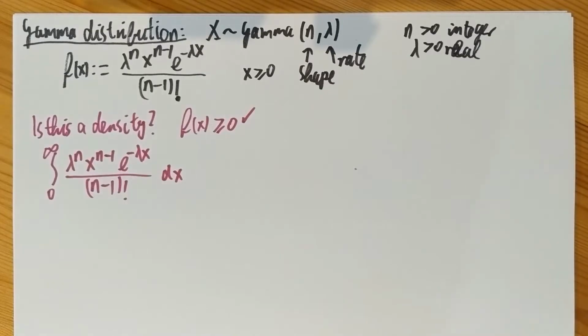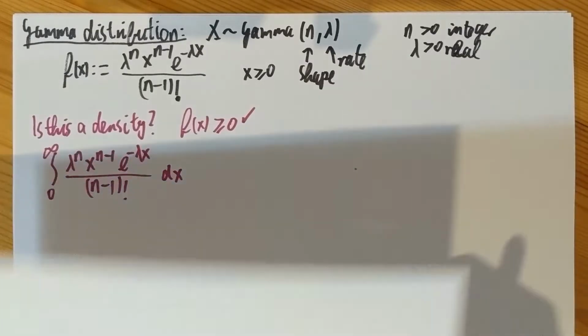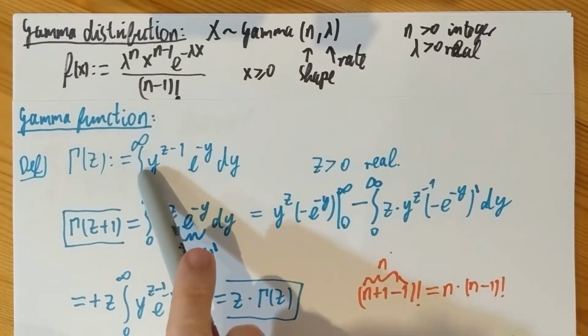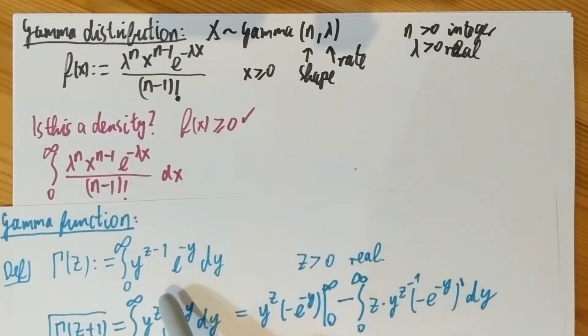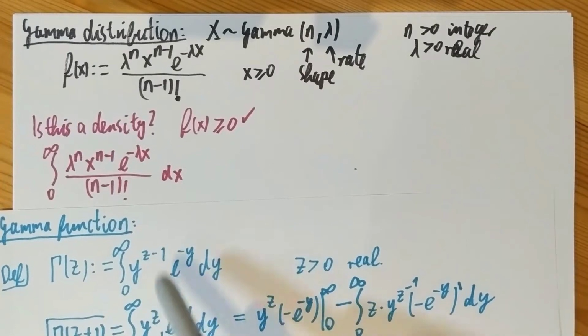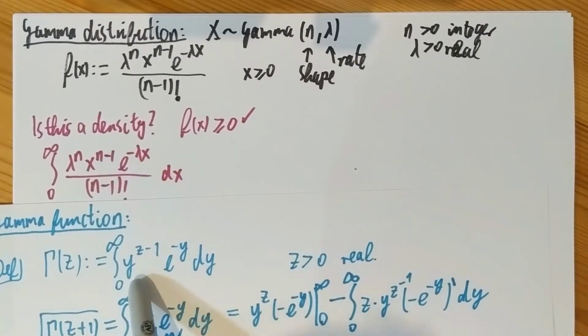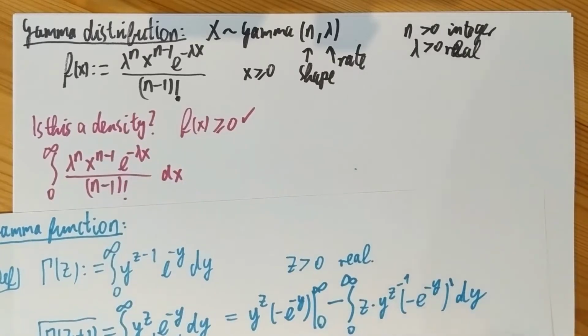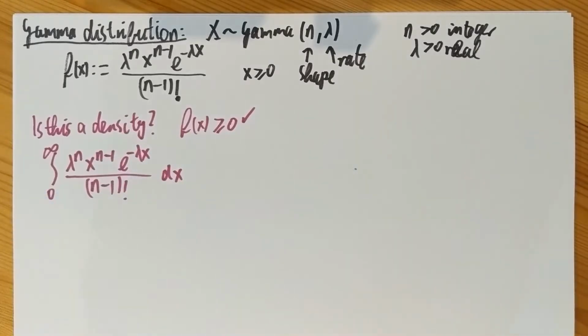Well, if you remember my previous video on the gamma function, then this function here actually looks very similar to this integral there. There is a power of x, a power of y, an exponential of x, an exponential of y, from 0 to infinity. So it's almost the same thing if we just change a little bit the integration variable.